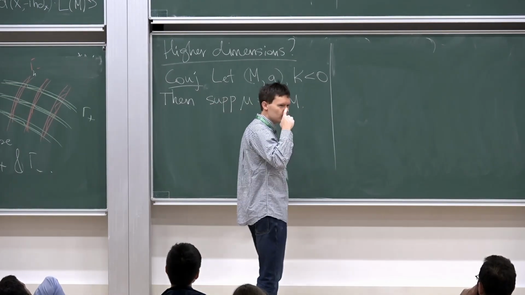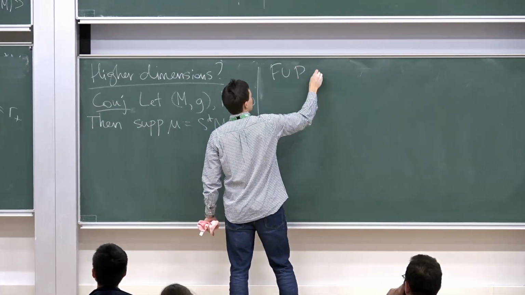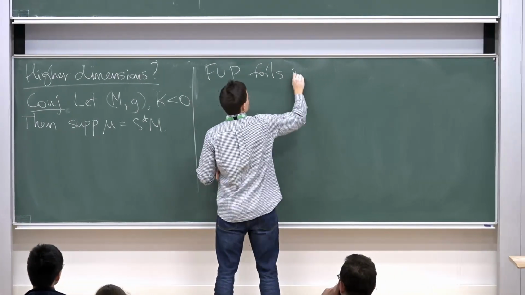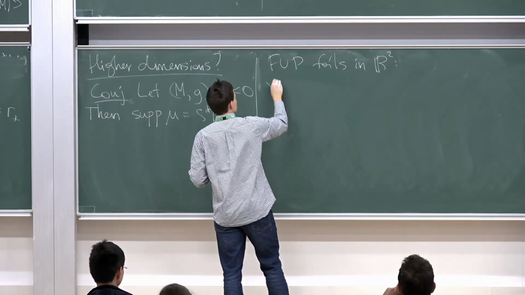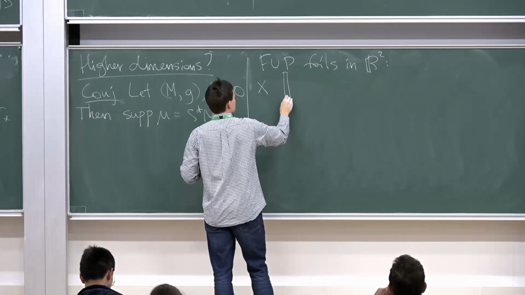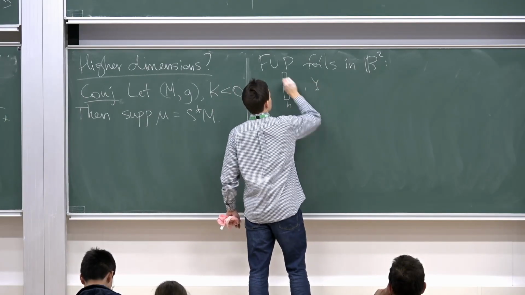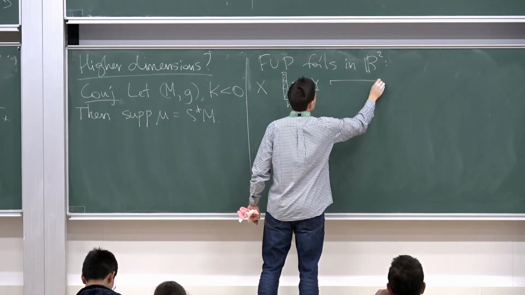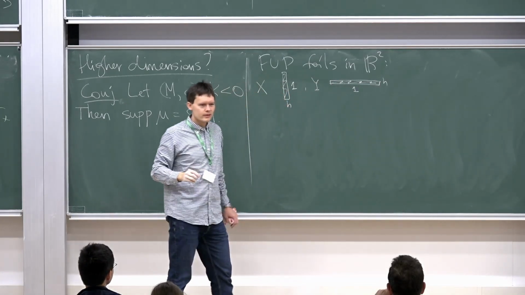The reason is as follows. In R^2, for example, the fractal uncertainty principle fails already, because you can take two sets that look like this. X is an h by 1 rectangle this way, and then Y is an h by 1 rectangle this way.